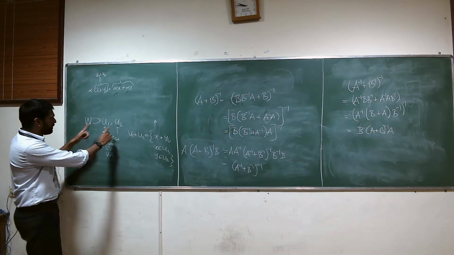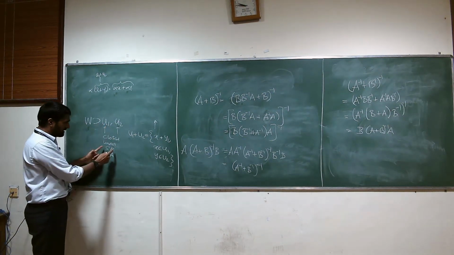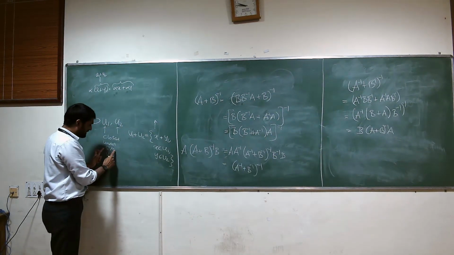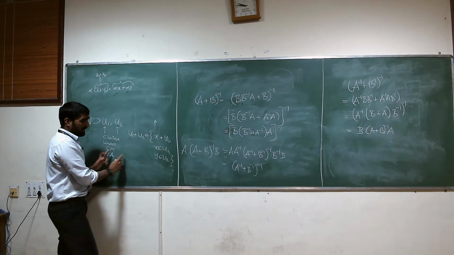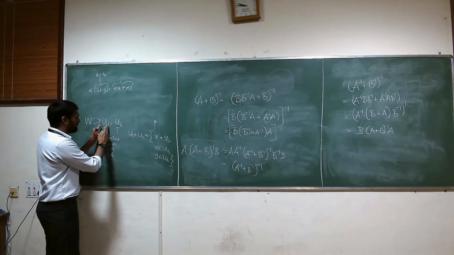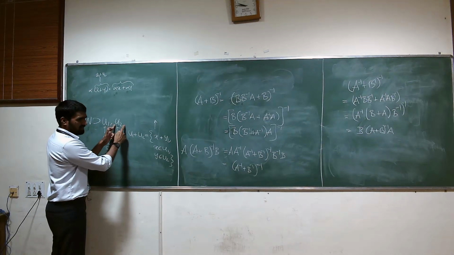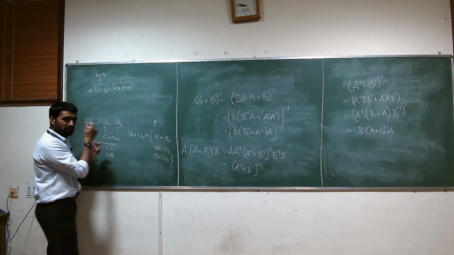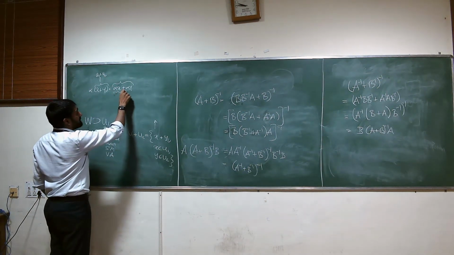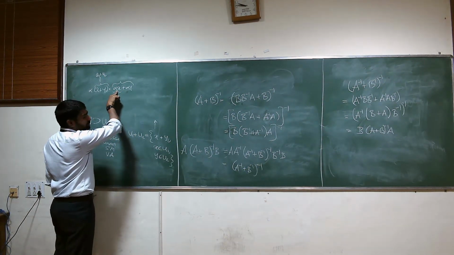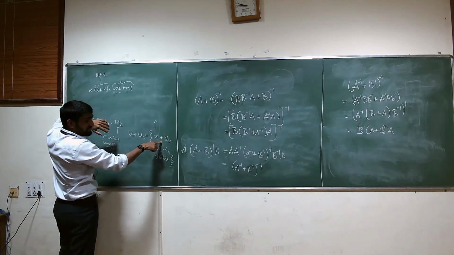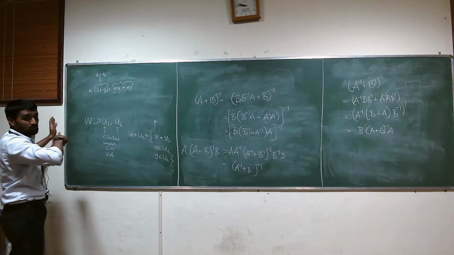Here, all we know is elements of U1 are closed under scalar multiplication and vector addition. Elements of U2 are closed under scalar multiplication and vector addition. And the only thing we know is U1 plus U2 is simply the sum of all possible elements from U1 with all possible elements from U2. You have to now show that one of these is in U1 and the other is in U2.